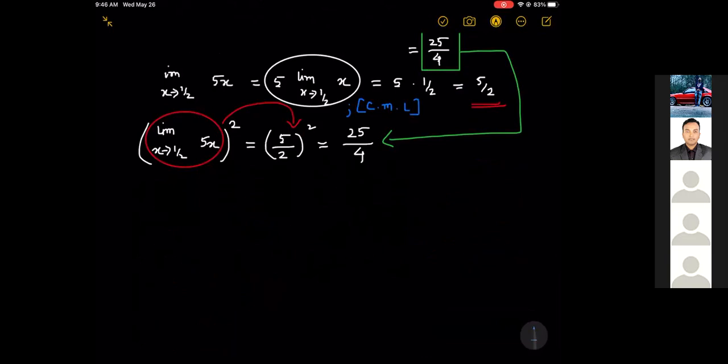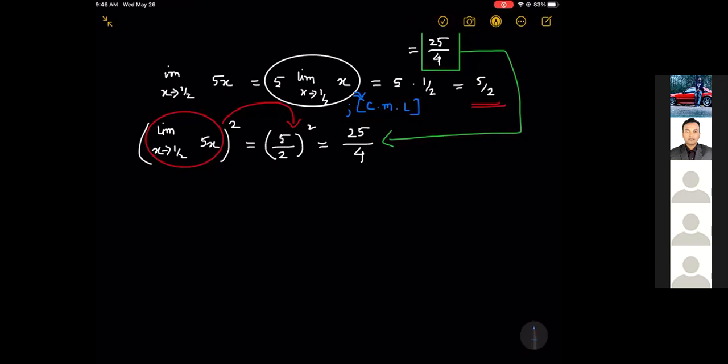Just let me know if you are required to show your work. Otherwise, you don't even need to show anything. Often you'll see some questions where you need to show your work. In those cases, you can use the laws and write it like this. Just keep a side note that I'm using this law.